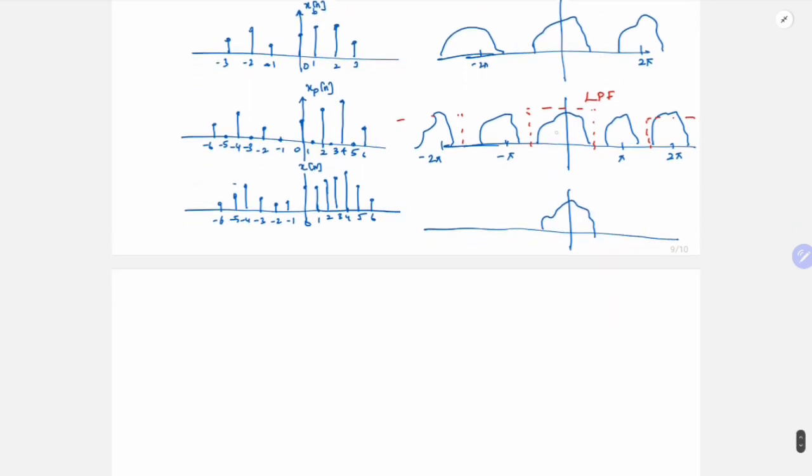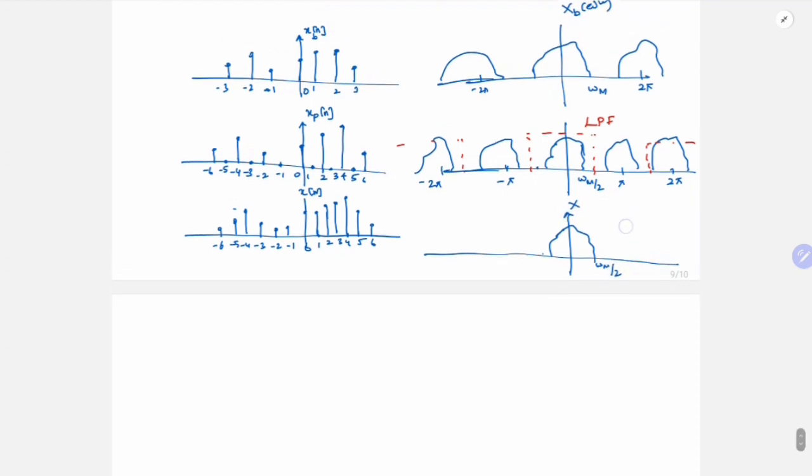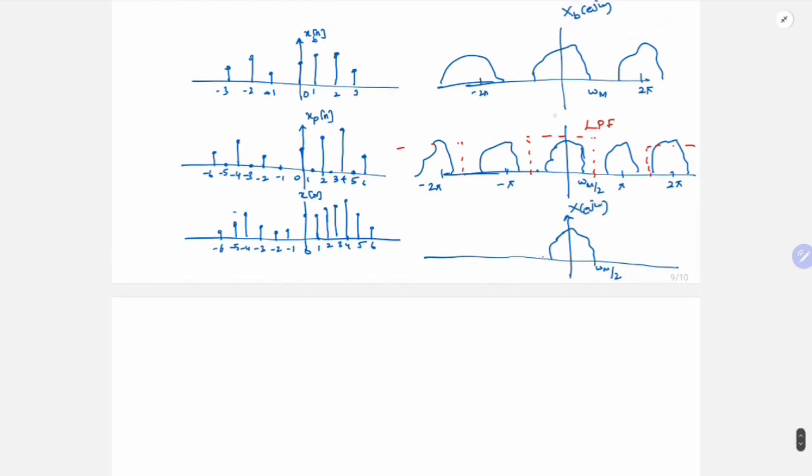Right? So it is actually shrunken in the frequency domain. The way I have drawn, it's not shown. If it is from omega m, this will be omega m by 2, and this will also be omega m by 2. So this will be my x of e power j omega. This is xp of e power j omega. And at 2 pi also you will have the same.